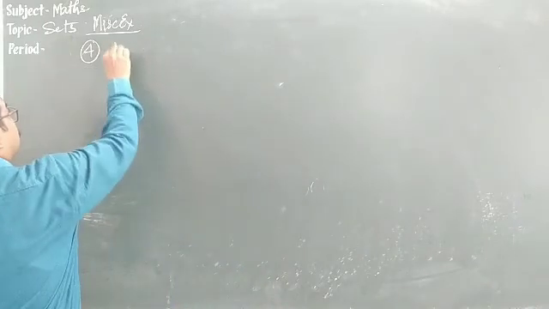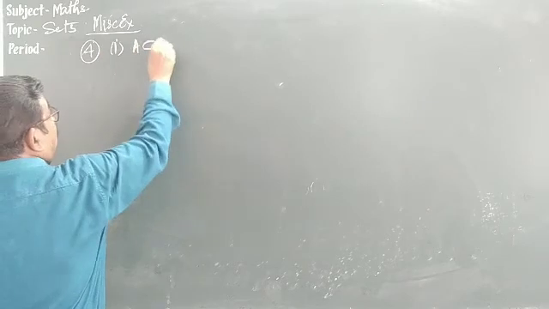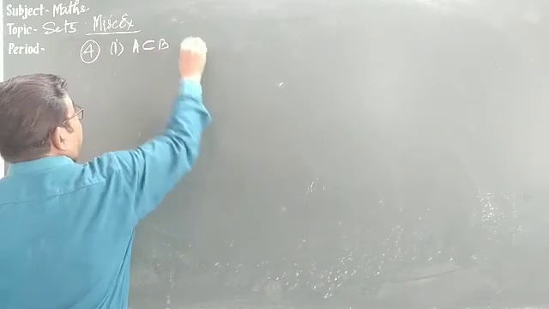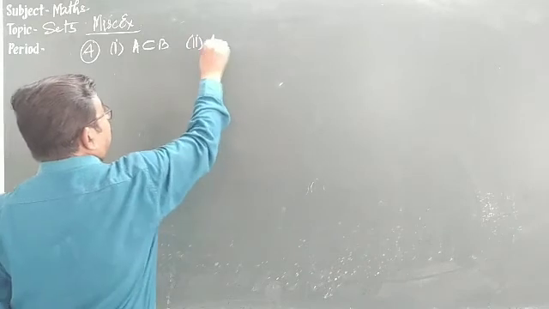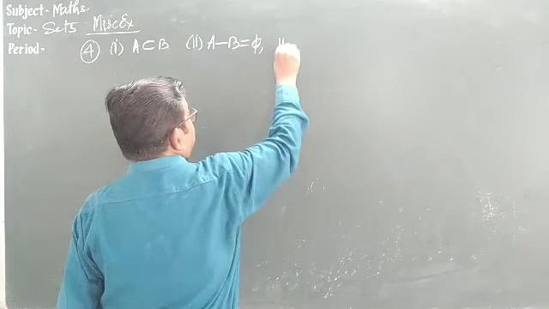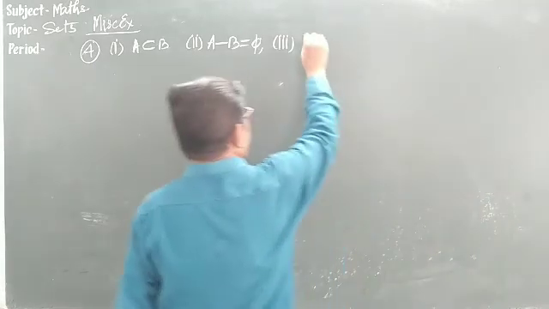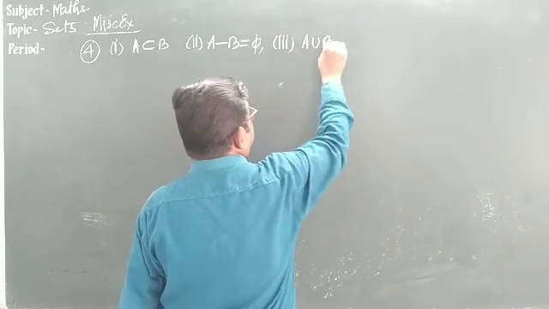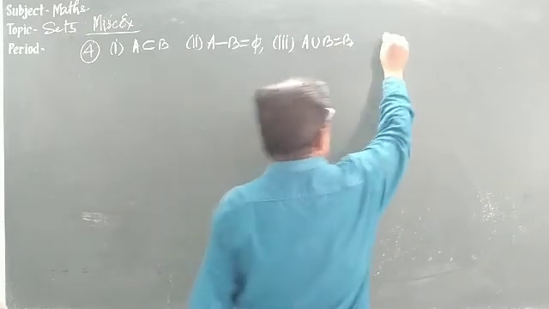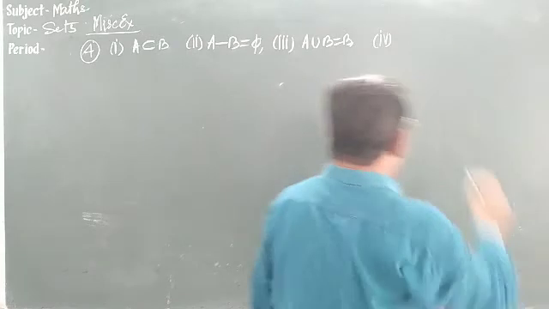So I am writing the first part, A is a subset of B. Second one is A minus B is equal to the empty set. Third one is A union B is equal to B. And the fourth one is A intersection B is equal to A.